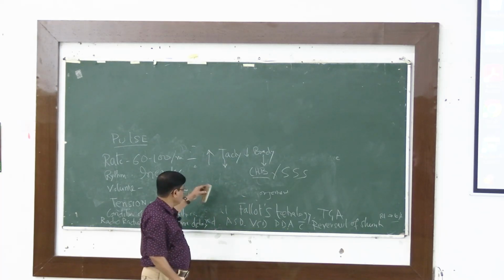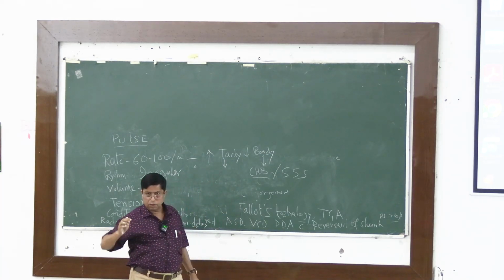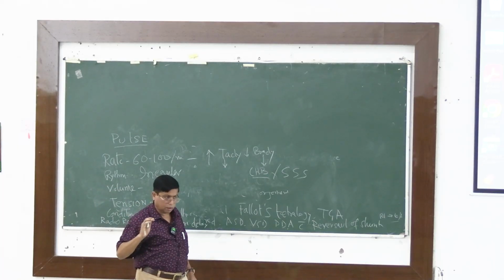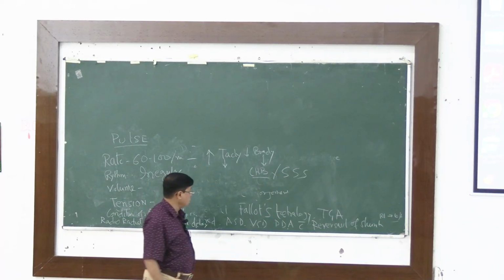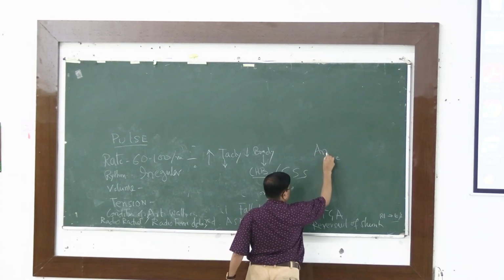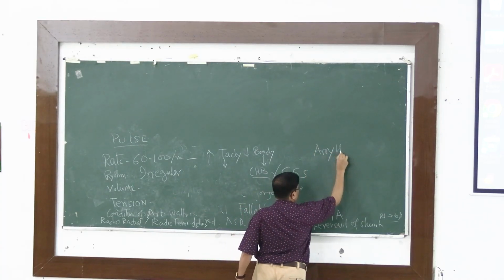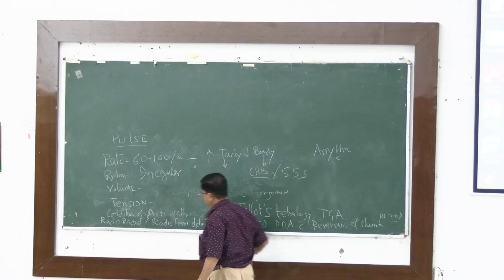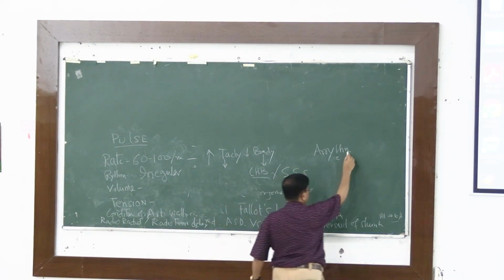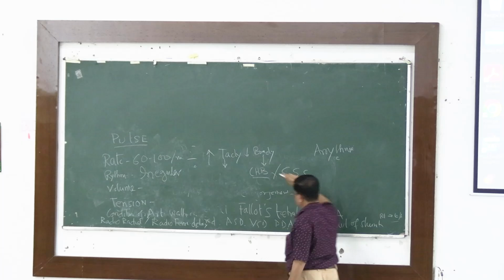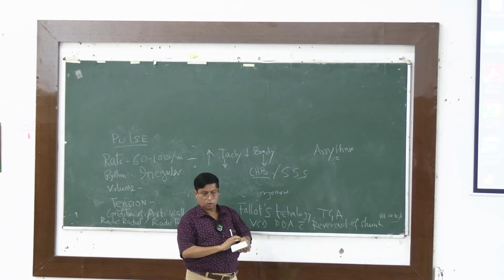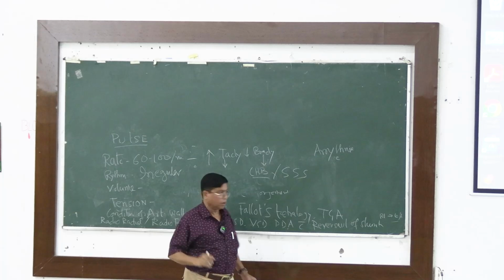Tachycardia is just regular beats occurring at more than 100 per minute. But there will be arrhythmia also. Arrhythmia means the rate is not regular. The rate you are seeing in the pulse is not regular, that is arrhythmia.